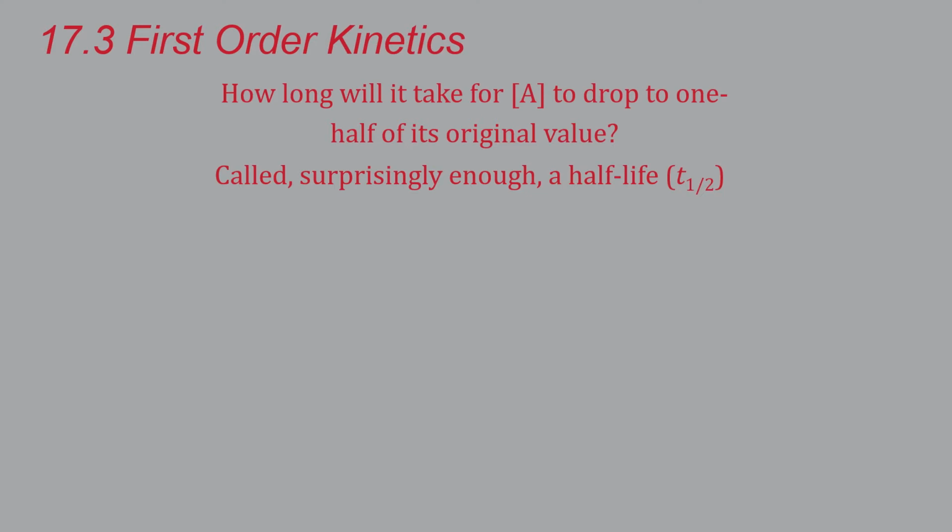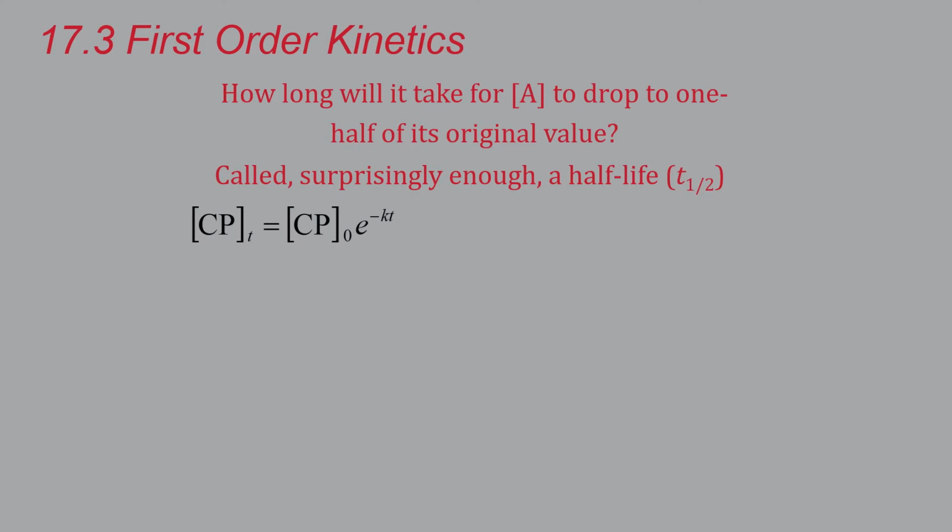Now this time, which is often used as a way to describe a rate constant. Instead of a rate constant, sometimes this value is given. Now this time is called, surprisingly enough, a half-life, or T1/2. So how would you go about figuring this out? So let's go back to our cyclopropane. So we had the basic first order kinetics rule: Cp at time t is equal to Cp at time 0 times e to the negative kt.